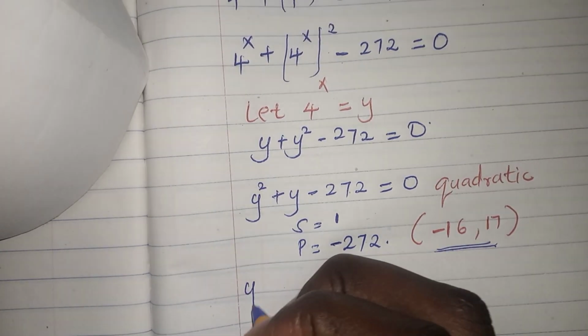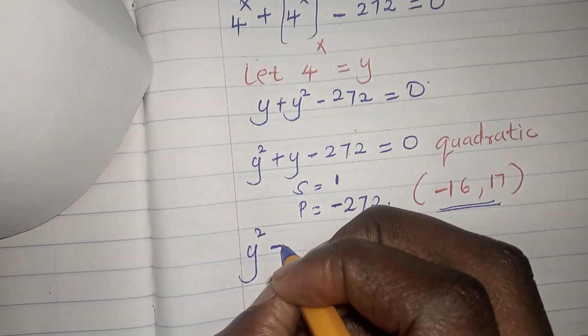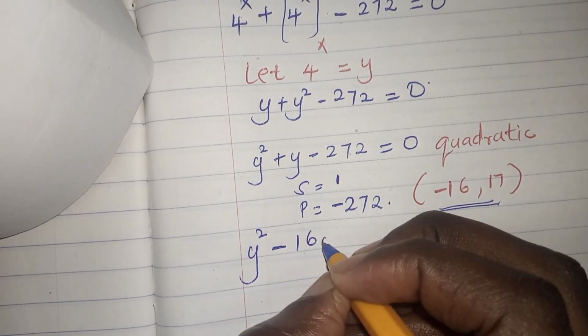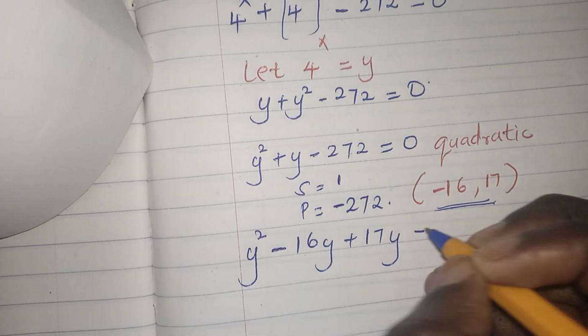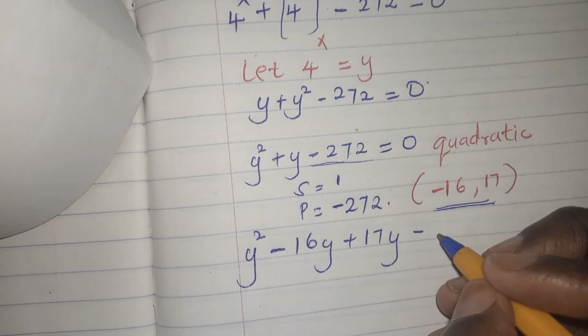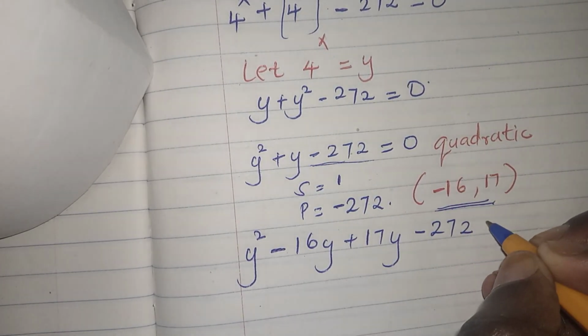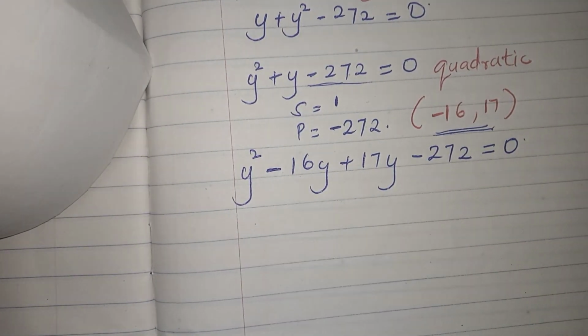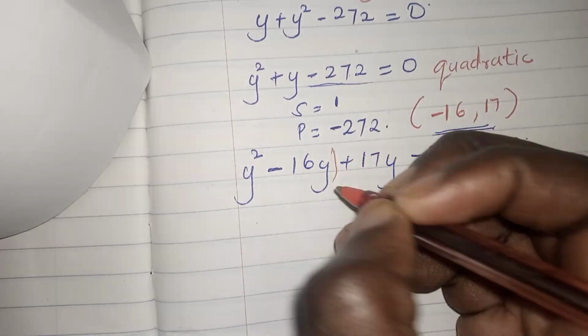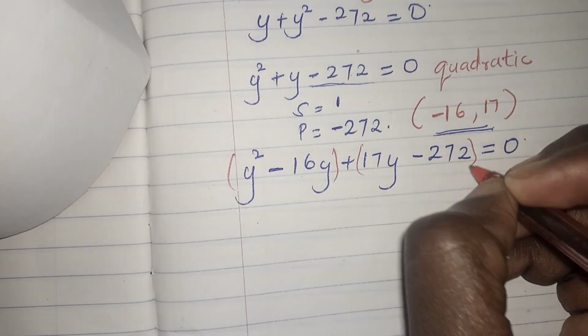So this will be y squared minus 16y plus 17y minus 272 is equal to 0, okay? So we shall then group into 2. So this is group 1 and this is group 2.